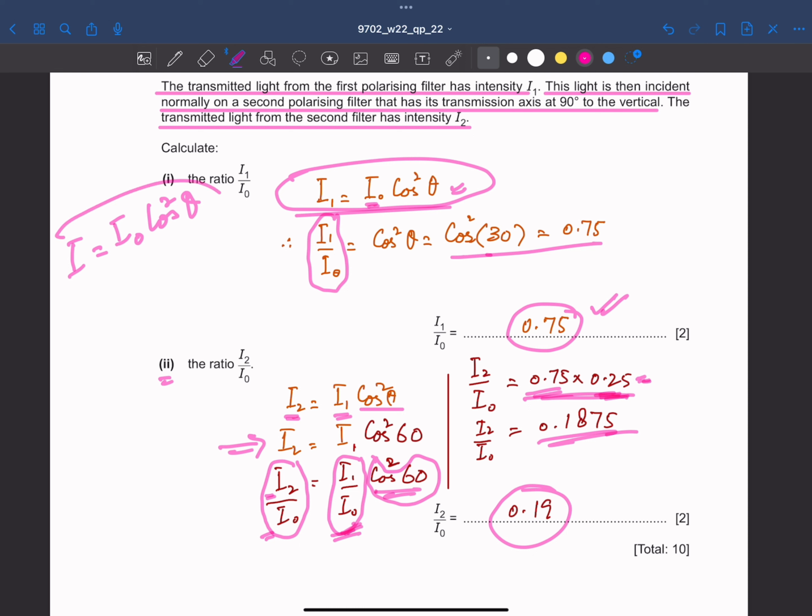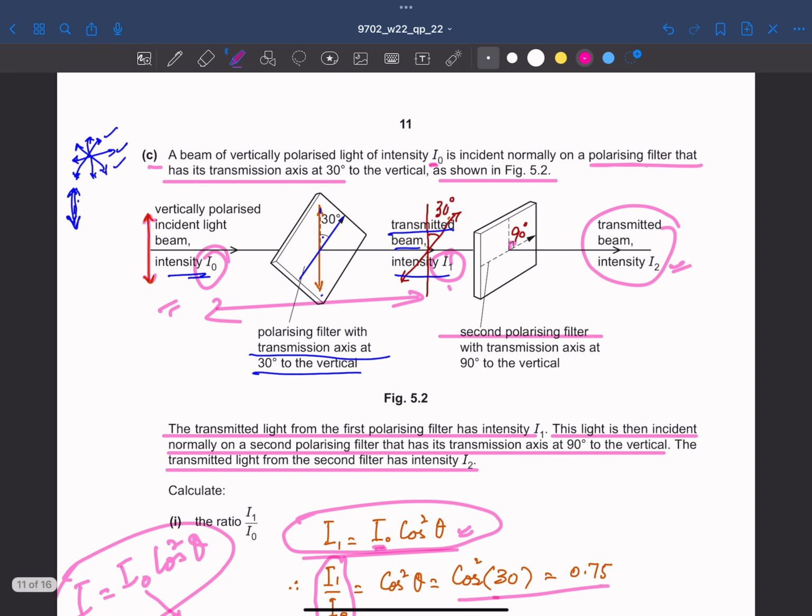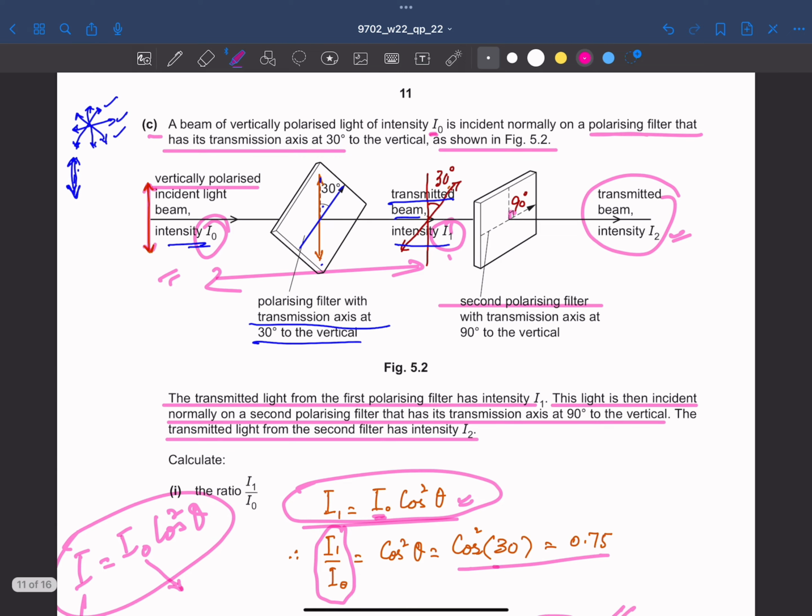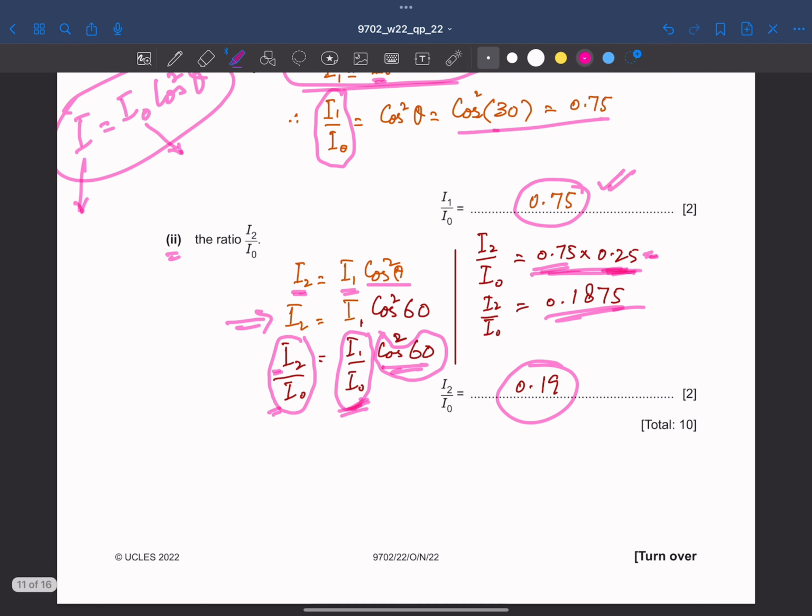This is the basic formula which we have to remember. I is the intensity of the transmitted light, and I naught is the original intensity of the light, which is vertically polarized in this case. Okay, so I hope it's clear.